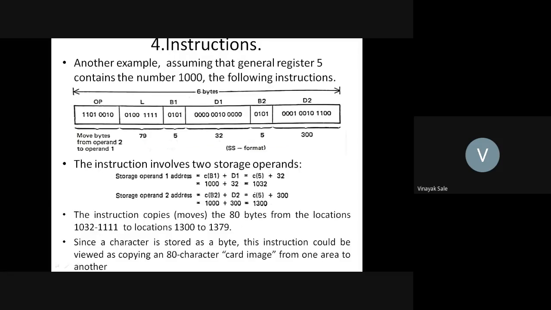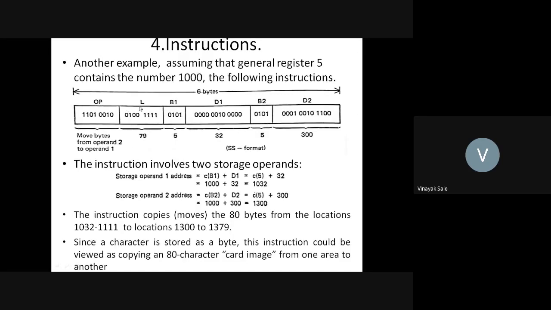So we will take another example for the storage to storage format, that is for the exact values at storage operand 1 and storage operand 2. This is for a 6-byte instruction.